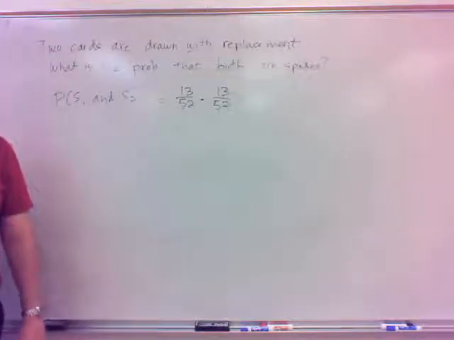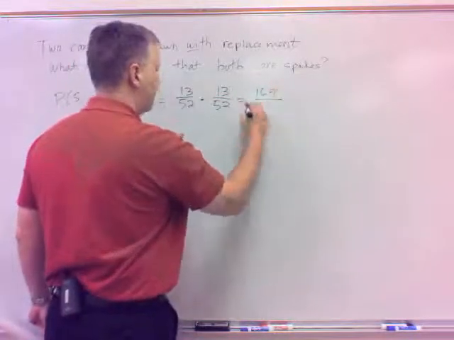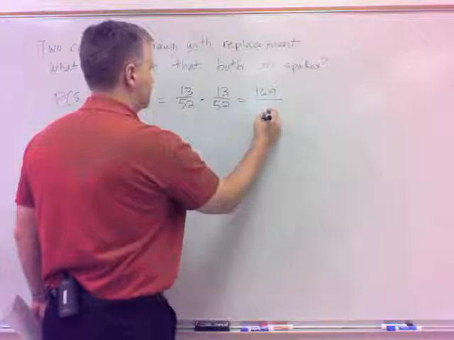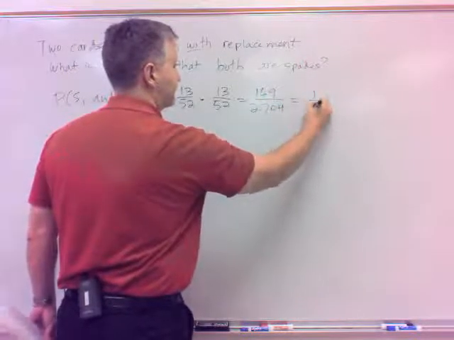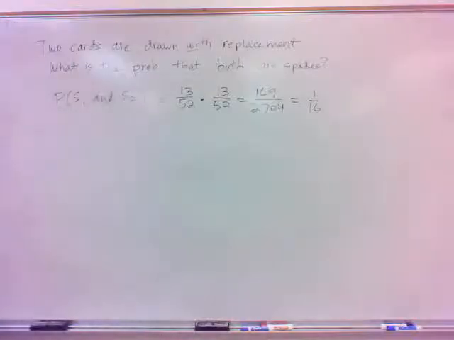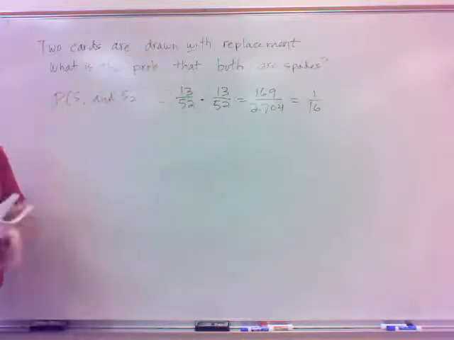So it's back to 13 out of 52, which, like I said, if you multiply, you get 169 out of 2704, but that reduces way on down to 1/16. With replacement or without replacement, that's a big change, isn't it? If you go with replacement, it's a little different.